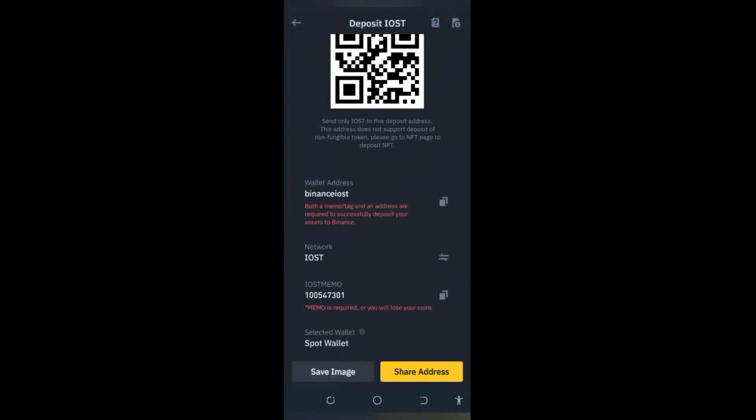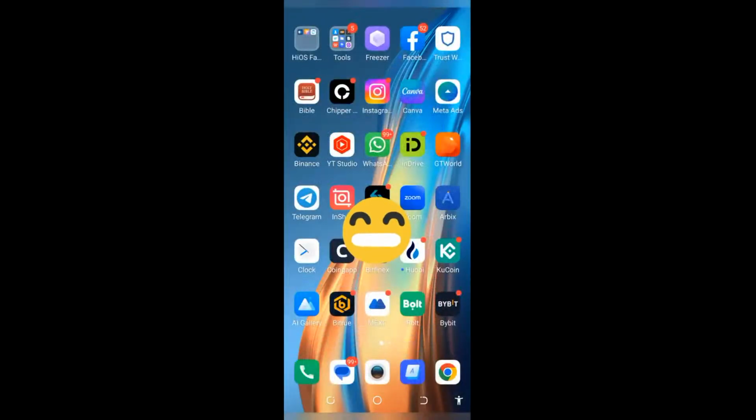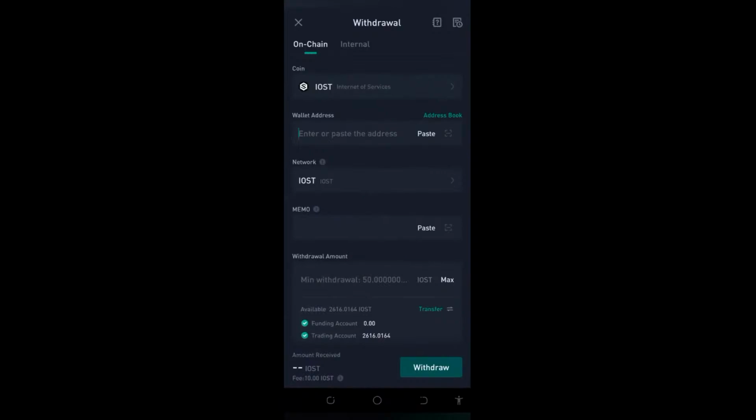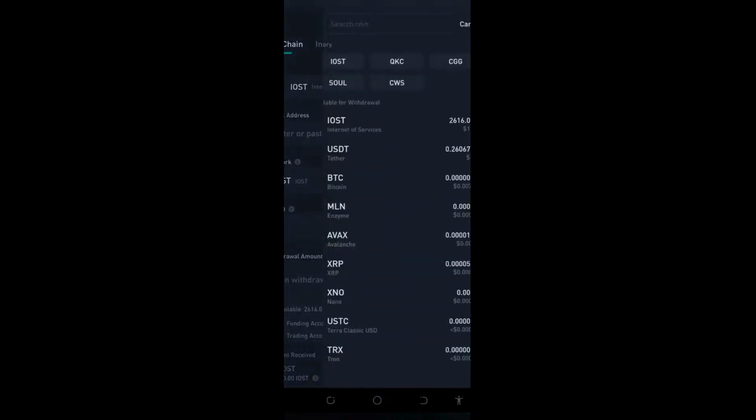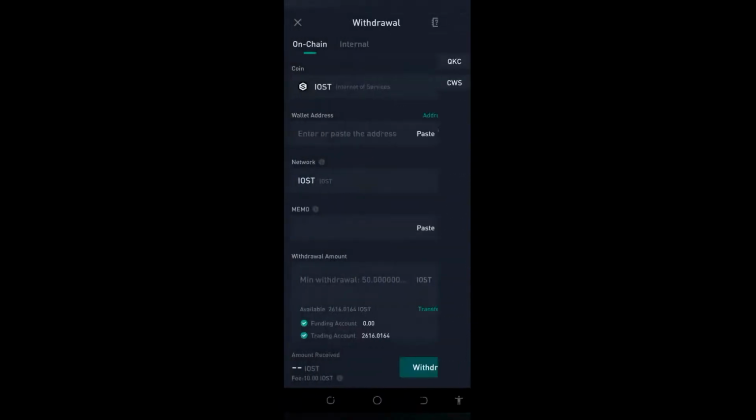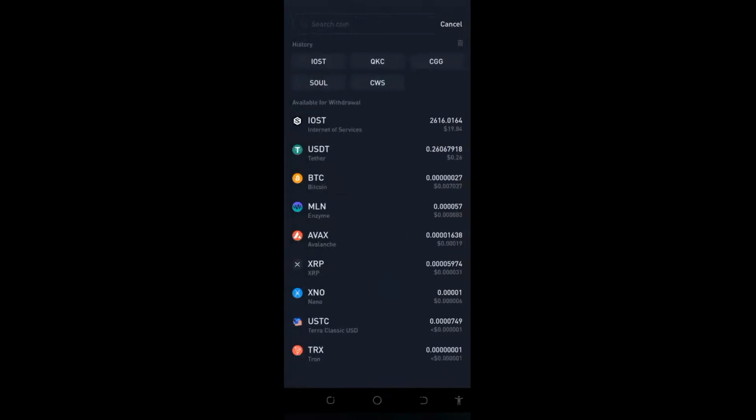Wallet address. It says Binance IOST. That's interesting. Well, I think I still copied the right thing. I don't know why it's looking like that. I think it was just looking funny to me. Of course, if it was wrong, it wouldn't allow me to paste it.